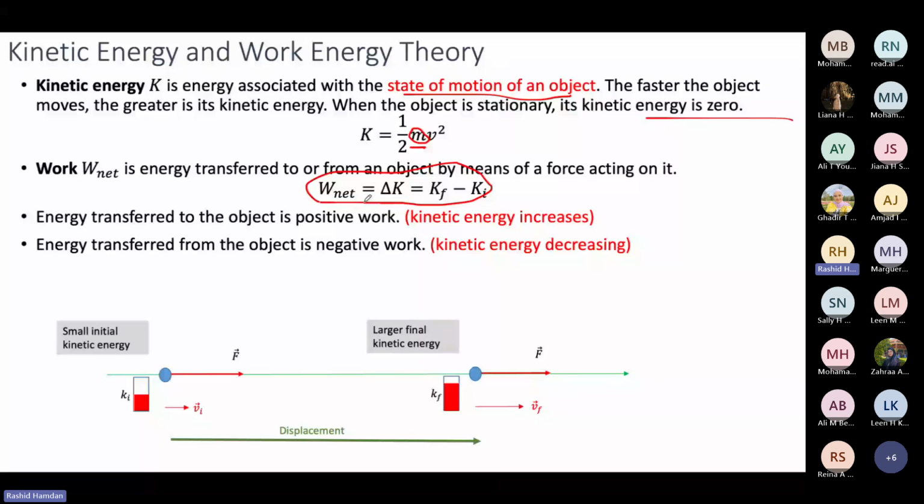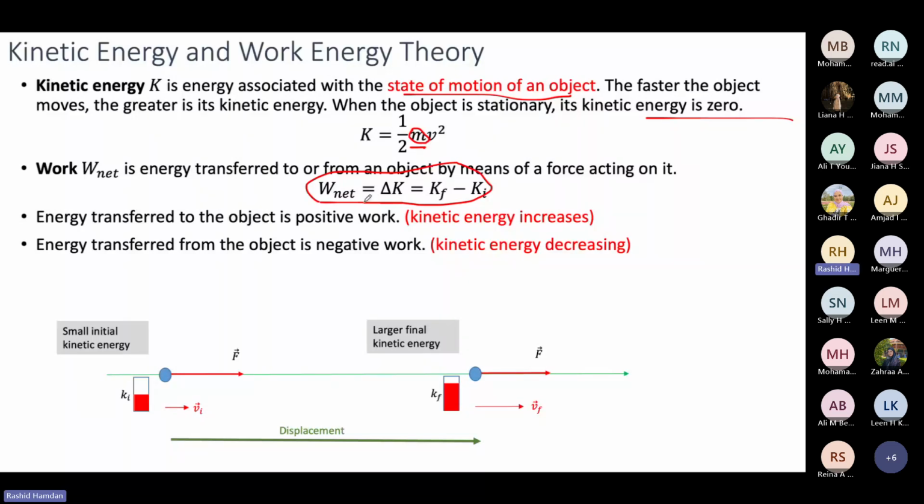But going from the initial position to the final position requires time. So we don't know how long it takes using this formula. We know how fast it's moving, but not how long it takes. To find that, we have to go back to the acceleration, because the acceleration is delta V over delta T, so we can know the time interval.